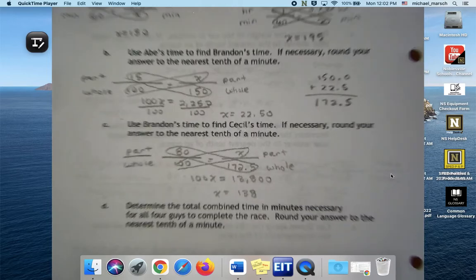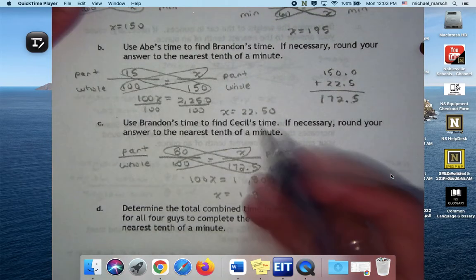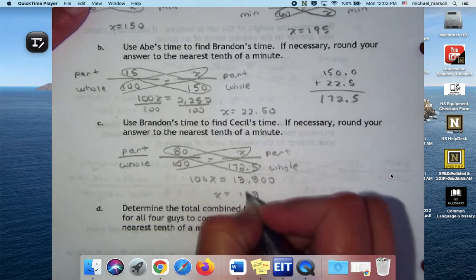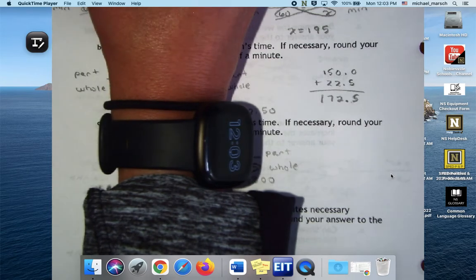It is 13,800. More obvious here. So we have Cecil's time of 138.